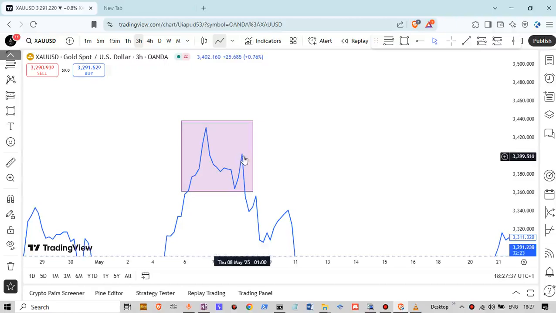And as it came up here, it broke down below this. So this is a faster way for you to summarize your charts by using a higher time frame. That's one of the benefits of using a higher time frame, so that it will help you summarize your charts.